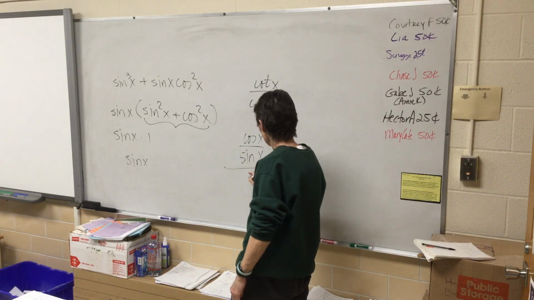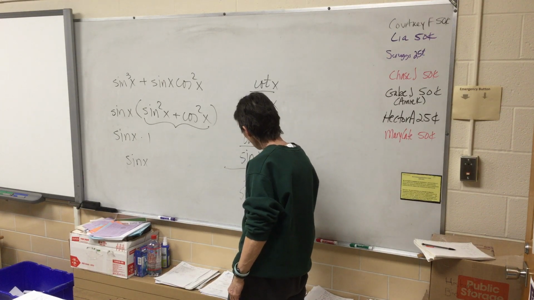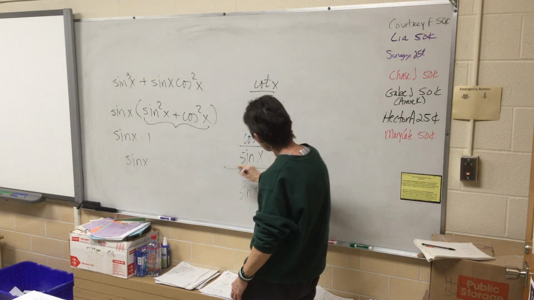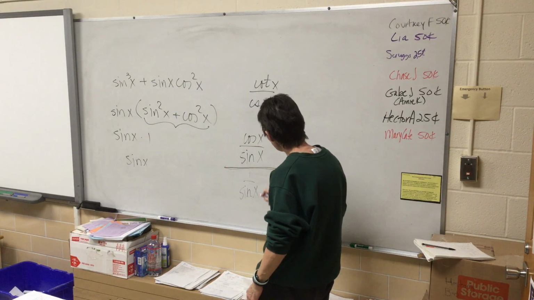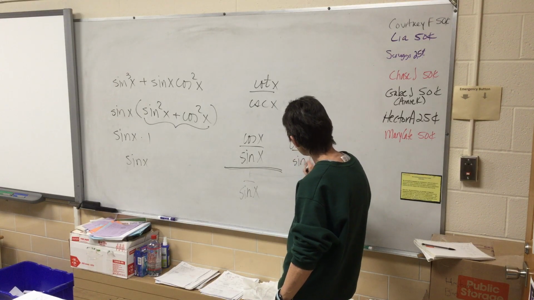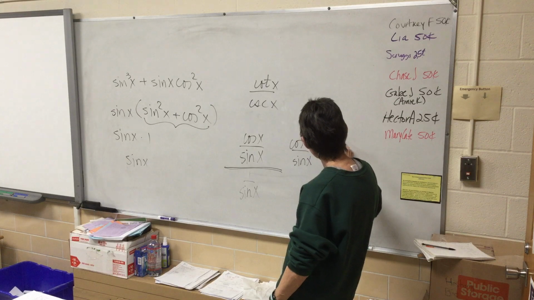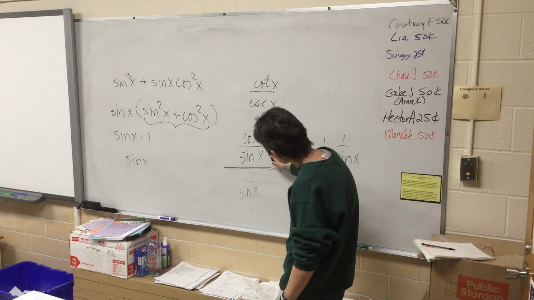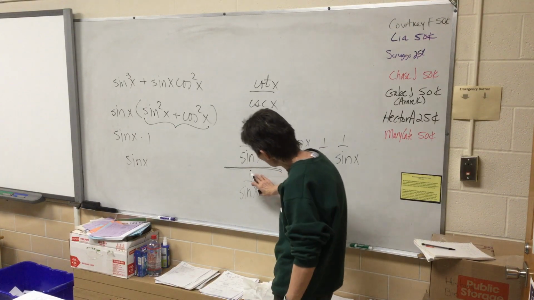Cosecant is 1 over sine. Perfect. So now remember they're over each other. They're not times each other. They're divided by. So I have this big division now where I have cosine over sine divided by 1 over sine. Cosine over sine divided by 1 over sine.